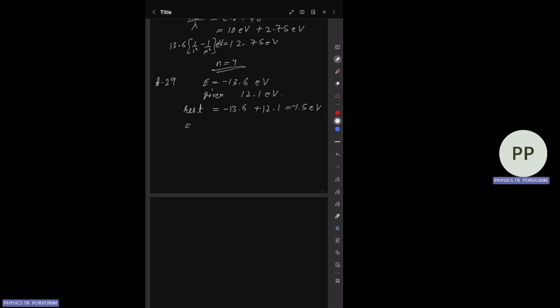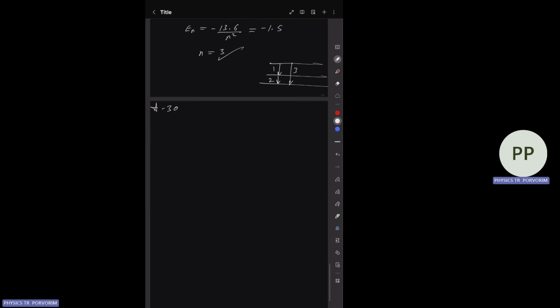We know that energy in any excited state is given by minus 13.6 divided by n square, which equals minus 1.5. Both are in electron volts, so they cancel directly. So n will be 3. And when n is equal to 3, we'll have only 3 spectral lines possible. Let me show you also. This is 1st, this is 2nd, and this is 3rd. So 3 spectral lines.